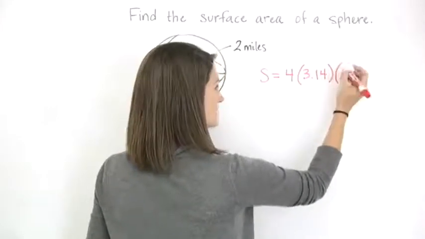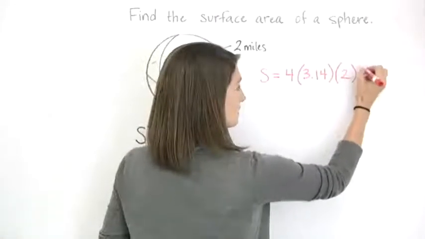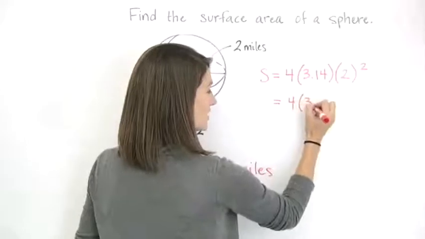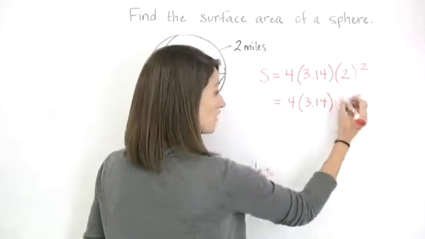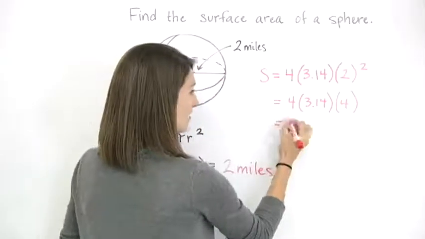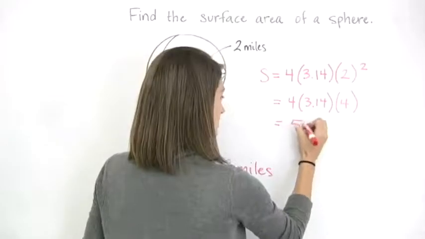And we multiply this times the radius squared, which is 2 miles. Okay, simplifying this a bit, 4 times 3.14, 2 squared is 4.